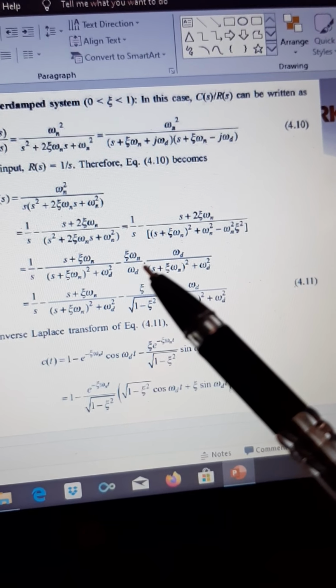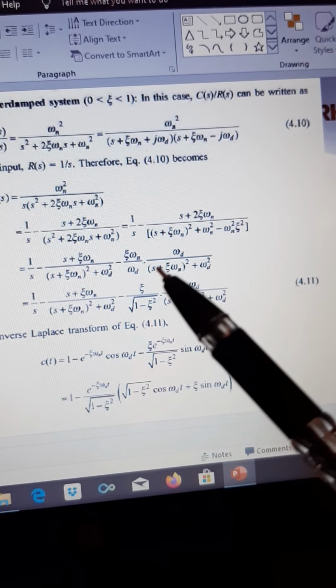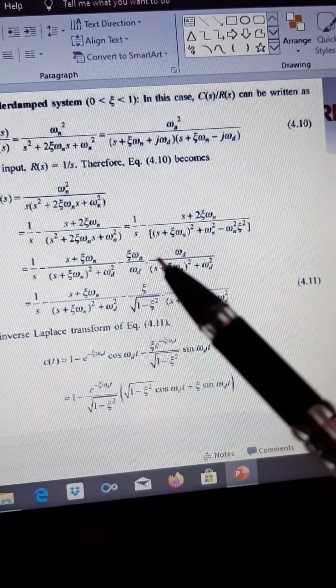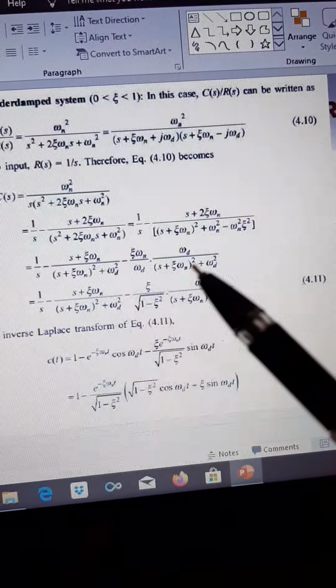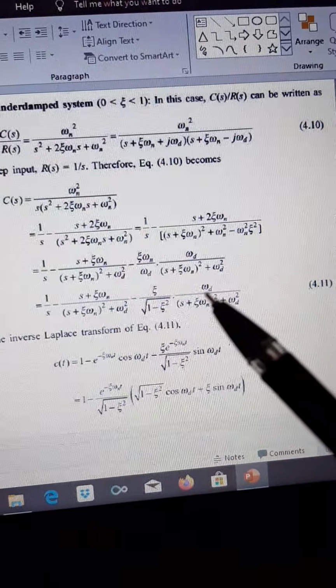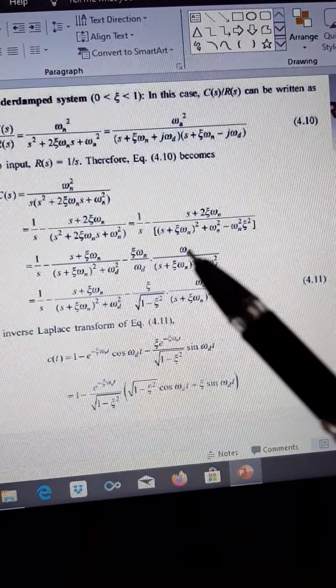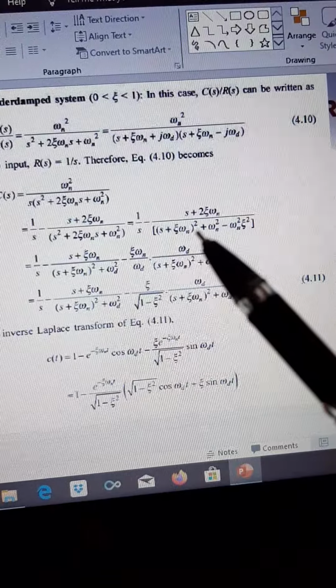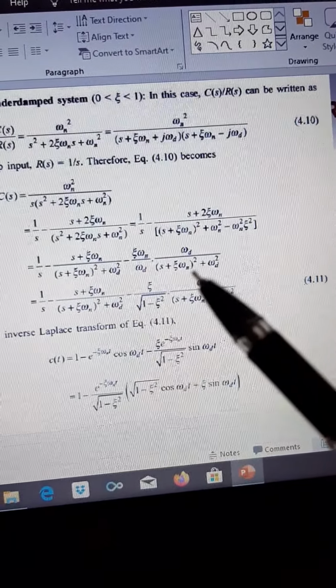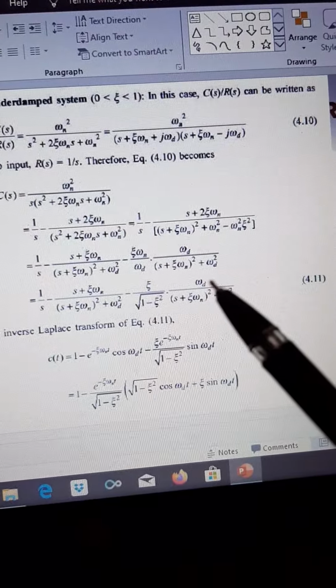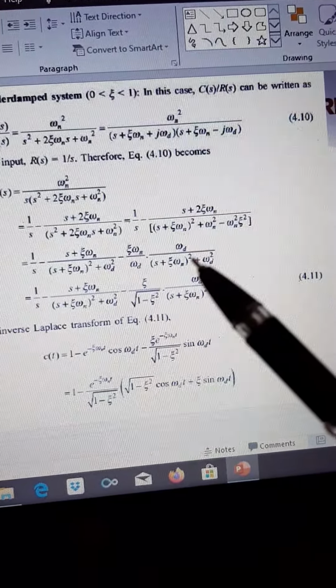Xi omega n here, the denominator is S plus xi omega n all square plus omega d square.